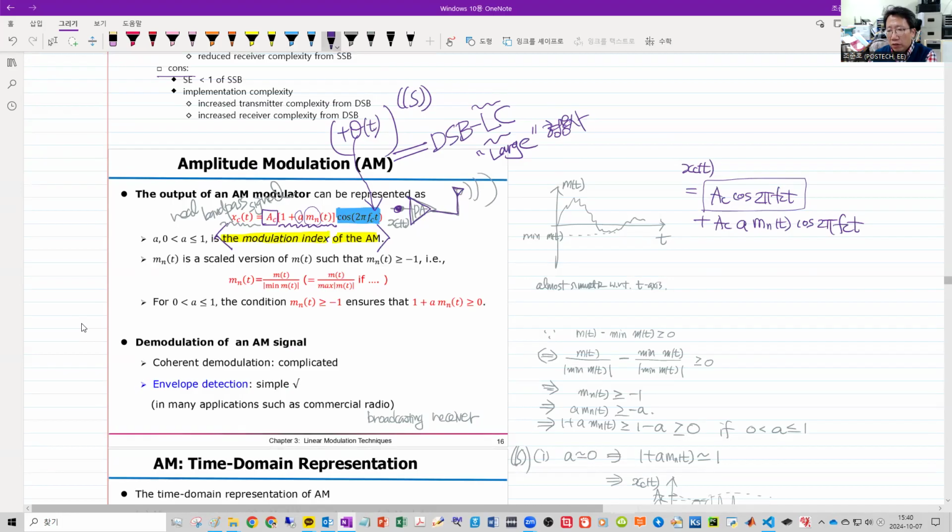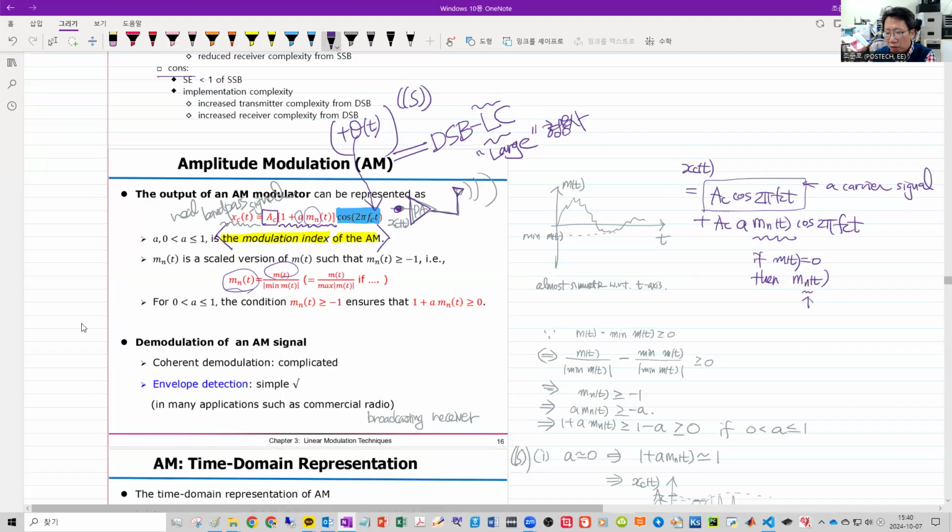What is this one? Yeah, this is a carrier signal, right? Why? Because suppose the message is 0. By the way, the message is m(t) and m_n(t) is proportional to the message. So if m(t), the message signal, is 0, then this m_n(t) is actually the minimum normalized signal.